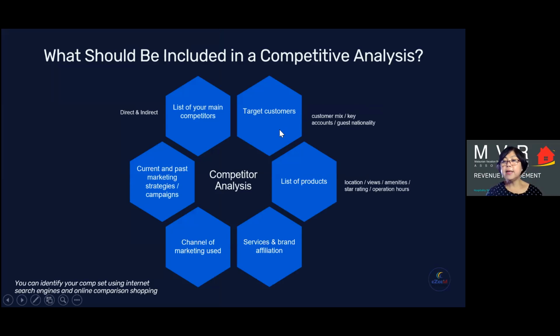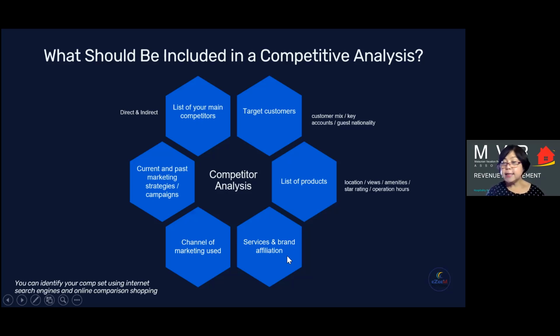This is your target market, and the target market comes from your market segmentation, from studying your customer persona. Then list your product, like location, the views, the amenities, star rating, operation hours. I've also gone through this.